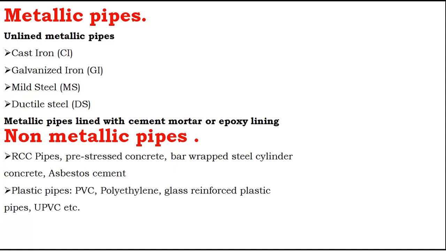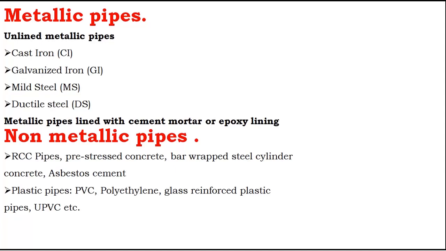When those chemicals come in contact with these metals, there will be corrosion or degradation of these metals. To avoid that, the outer cover of the pipes will be lined, meaning coated, using cement mortar or some epoxy lining.